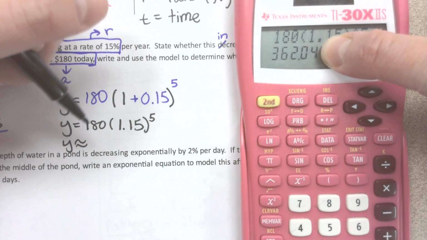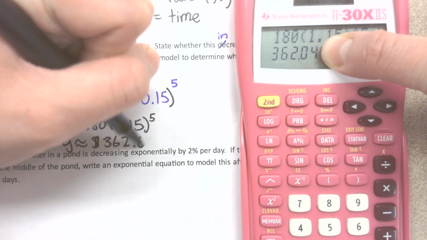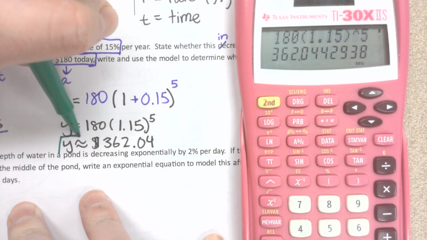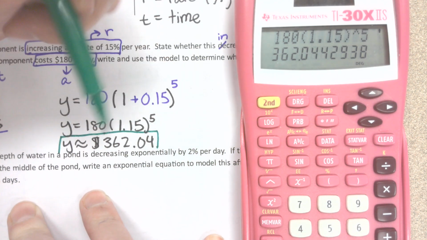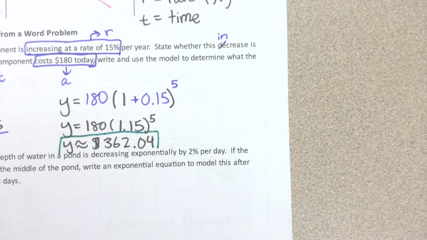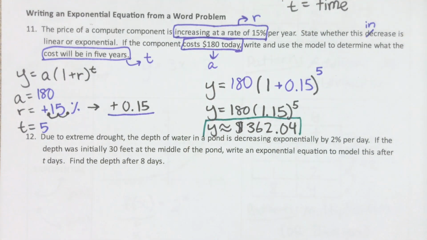This is going to stay as it is. $362.04. That will be the new price 5 years from now. Questions on this first problem? We are making great time here.